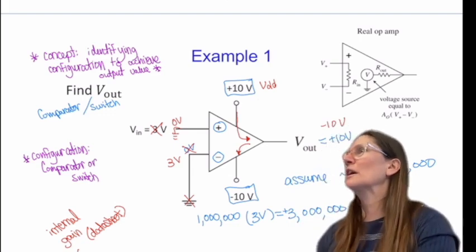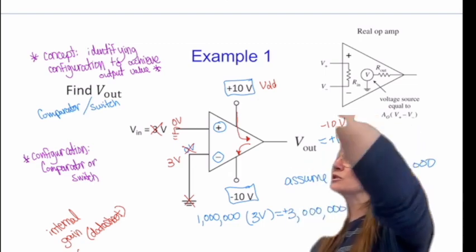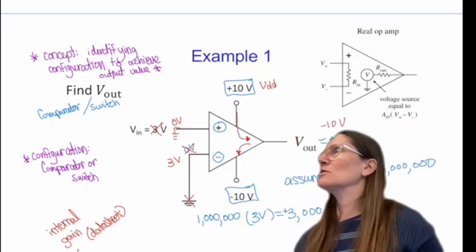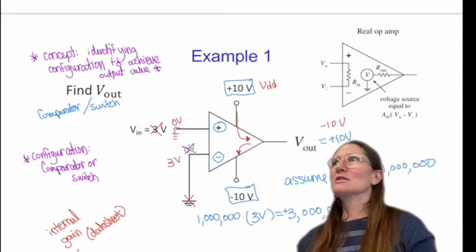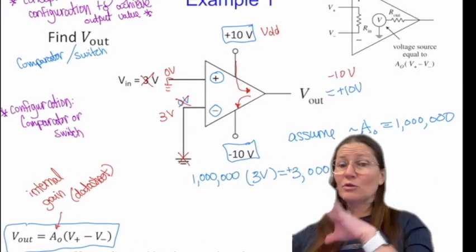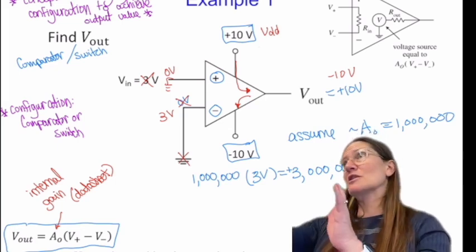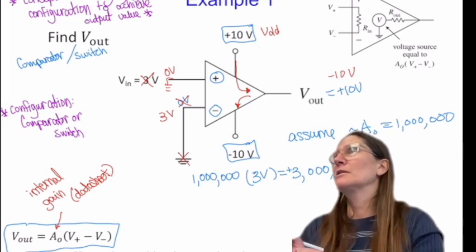So it will make it go in those directions. And so it's either sourcing, what's called sourcing, that supply, or it's sinking it to the supply. Good question. All right, any other questions? Okay, so that is true: getting the positive and the negative is changing that current direction. It's either going out from the op amp or it's drawing it into the op amp.